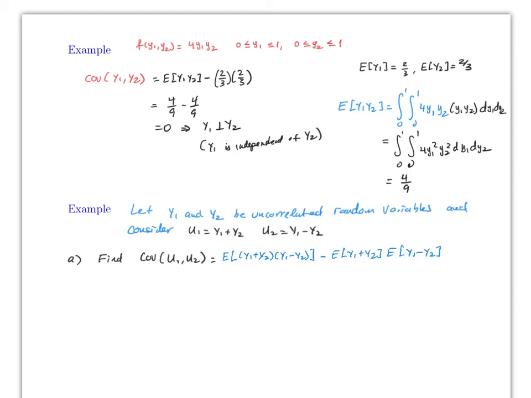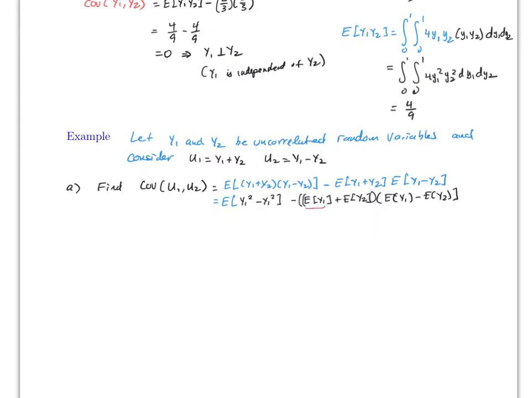If we distribute, this will be the expected value of y1 squared minus y2 squared, this part, and then minus the expected value of y1 plus the expected value of y2 times the expected value of y1 minus the expected value of y2.